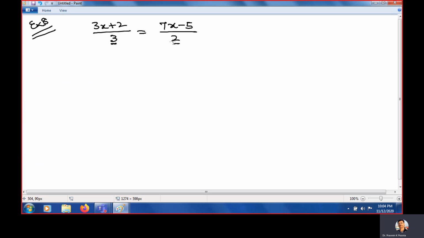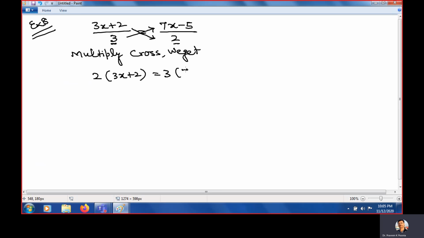What you can do is cross multiplication. Cross multiply means now this multiplied by this: 2 times x plus 2 equals 3 times 7x minus 5. If we have a upon b is equal to c upon d, multiply this one, multiply this one.